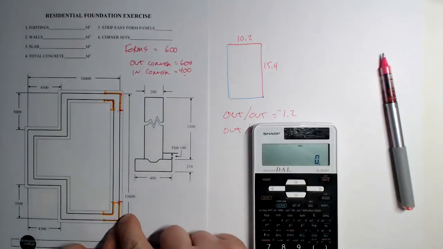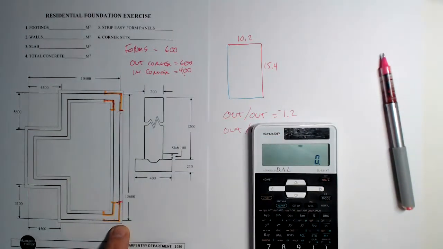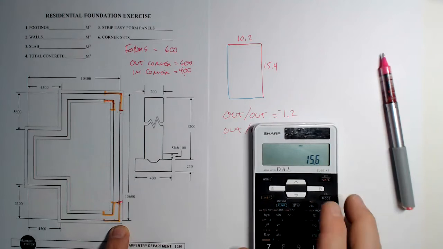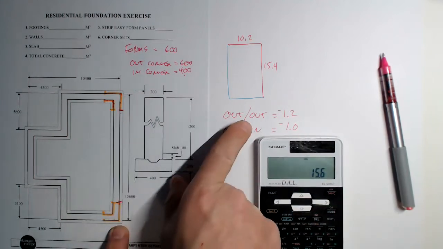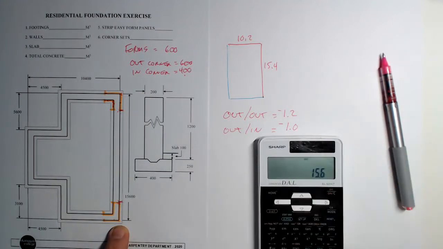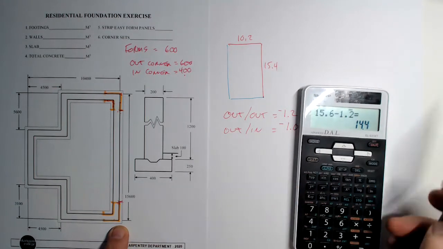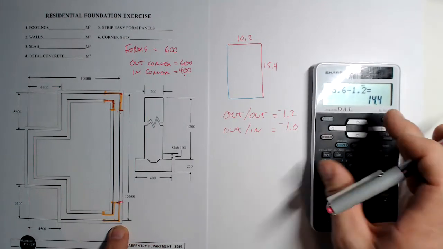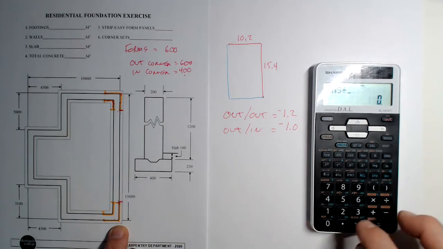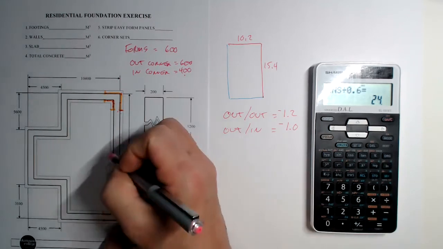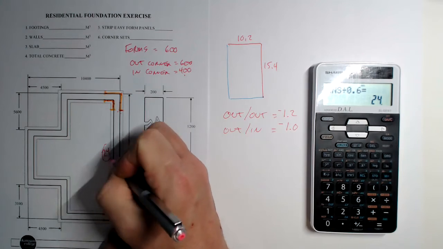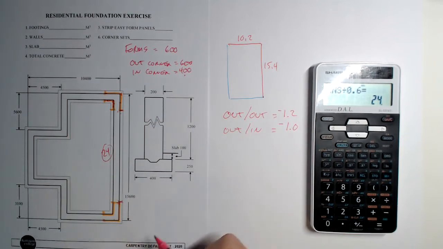So let's take our long wall of 15.6 meters. It's an outside to outside corner, so we'll make the adjustment of minus 1.2. Now we have the in-between corner panel distance of 14.4 meters. We'll divide that by 0.6, the size of a form panel, which leaves us with 24 panels even, no fillers. Now we'll do the jogs.